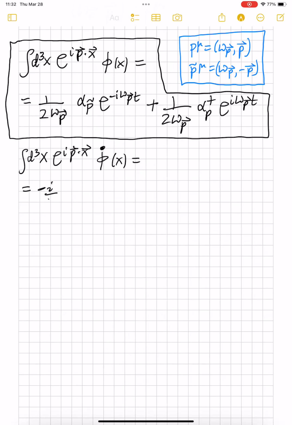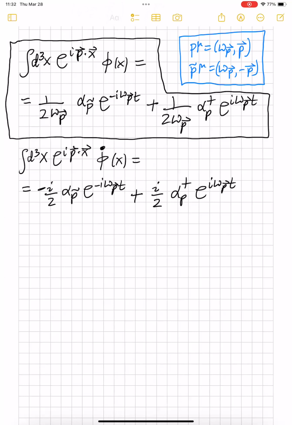So we'll be left with a minus I over 2 alpha p tilde. We'll have an e to the minus I omega p t. And then for the second term, the derivative with respect to time will bring down I omega. So we'll just have I over 2 alpha p dagger e to the I omega p t.